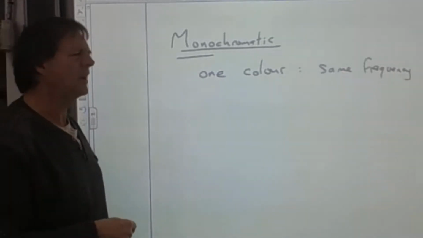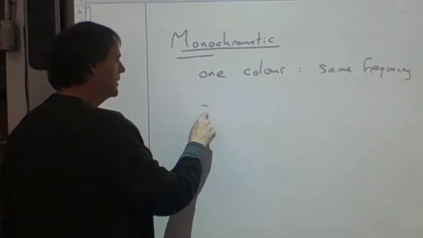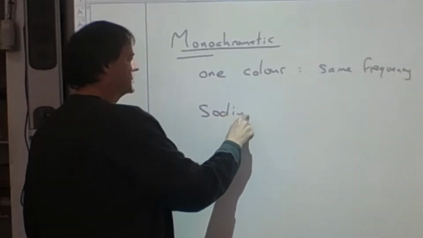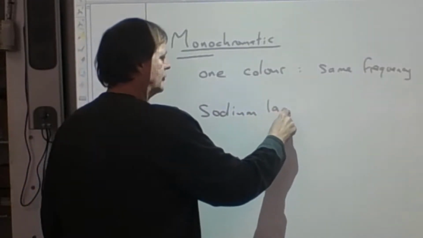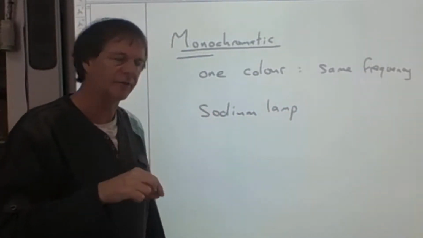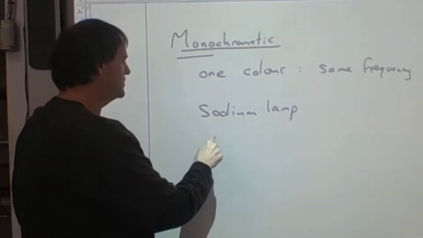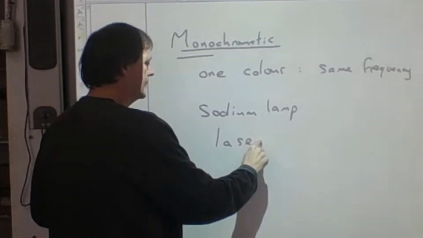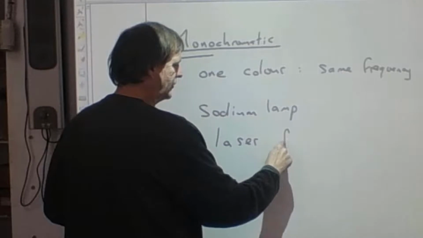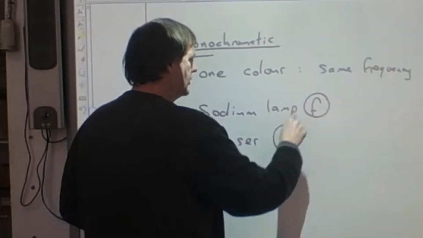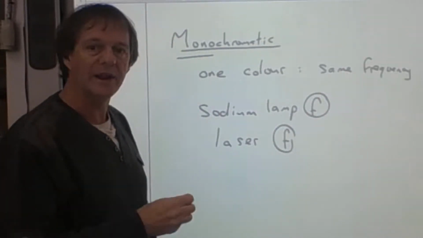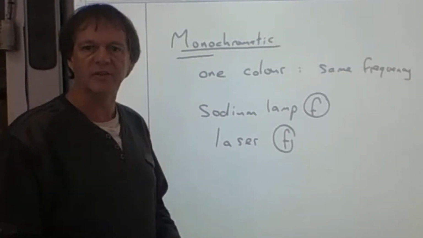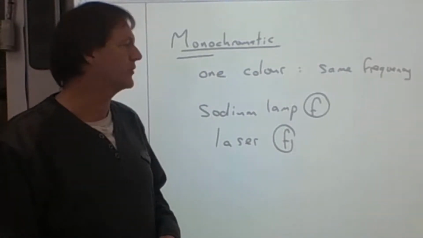You could approximate that in the lab by using a sodium lamp, which has a yellow colour all the way through, and the two frequencies in the sodium lamp are very close together, so that's very close to monochromatic. You could use a laser source, and that's pretty much got the one wavelength, one frequency. And you could also use a white light source with a really high quality filter to try and approximate that, where you want monochromatic light sources.